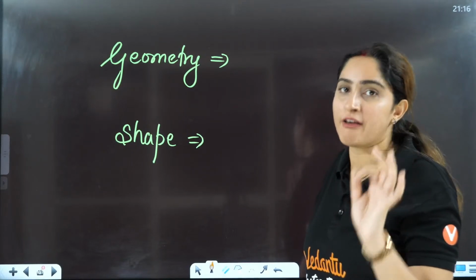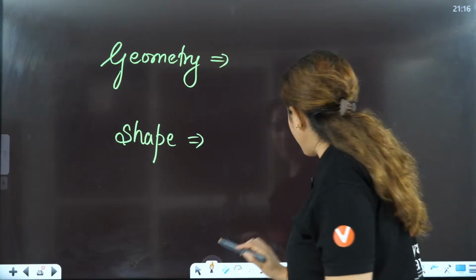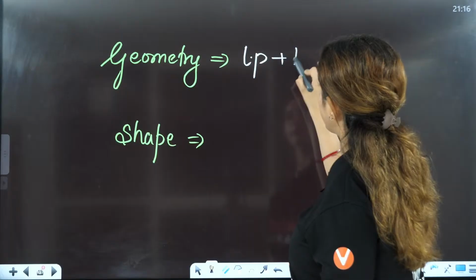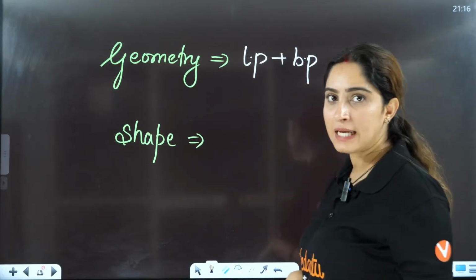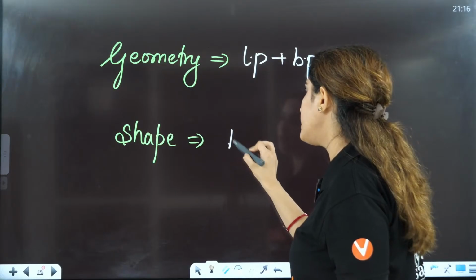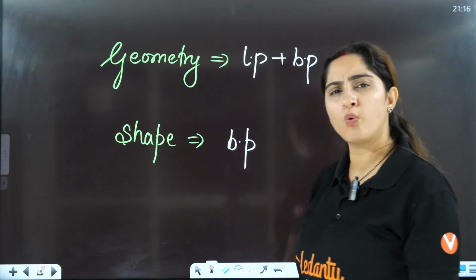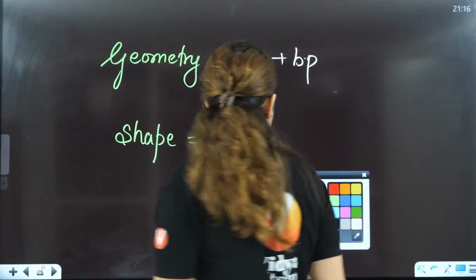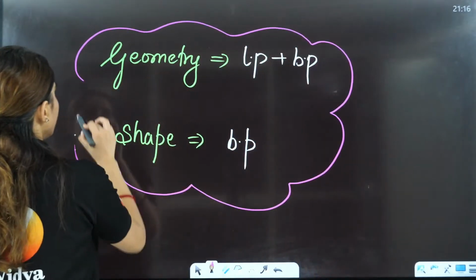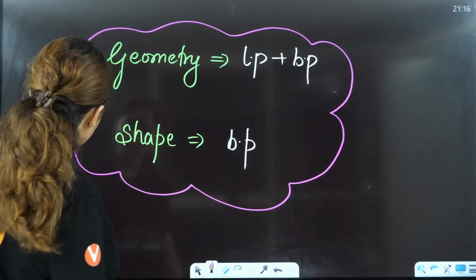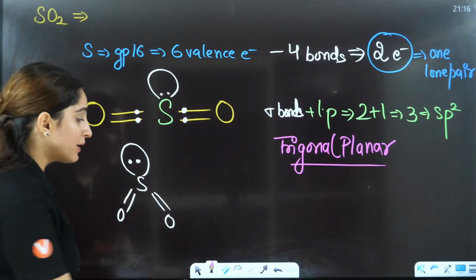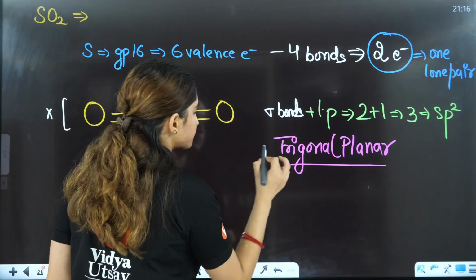But the actual definition is that geometry is when we count lone pairs plus bond pairs. We see both of them. But in shapes, we only see the bond pairs. I'll tell you how. Earlier we didn't have any lone pairs, so I was not telling you that. But now the geometry and shape will be different.